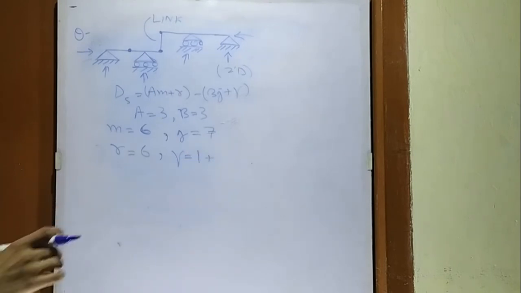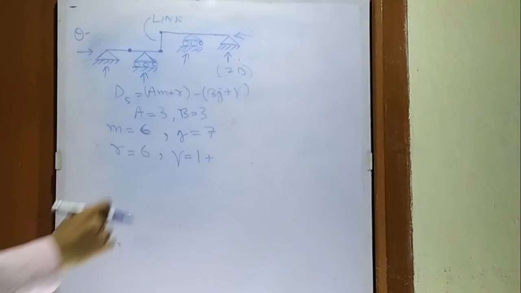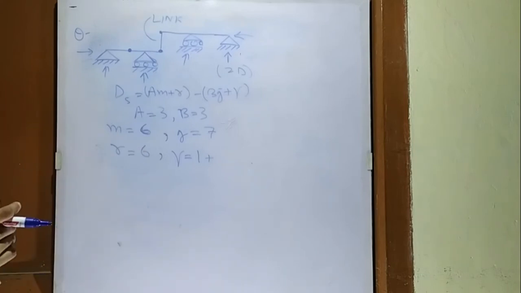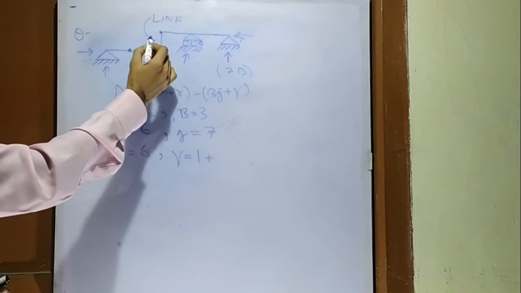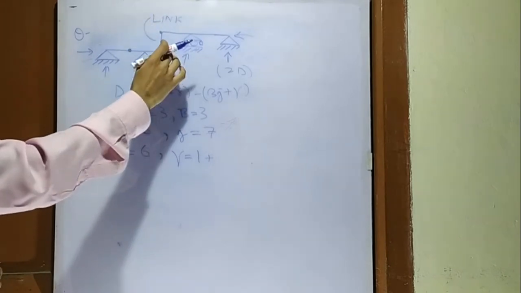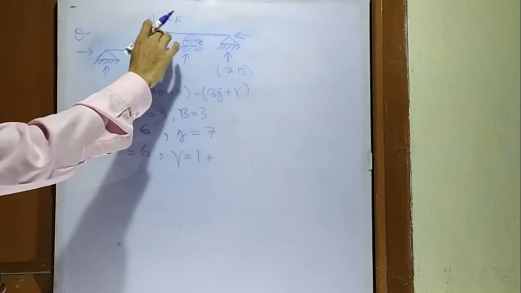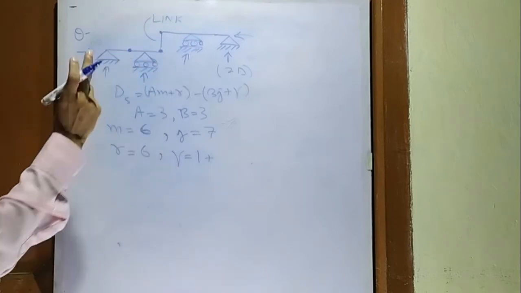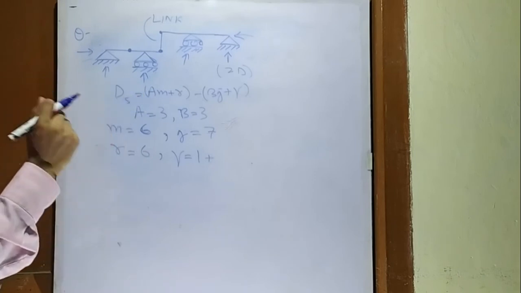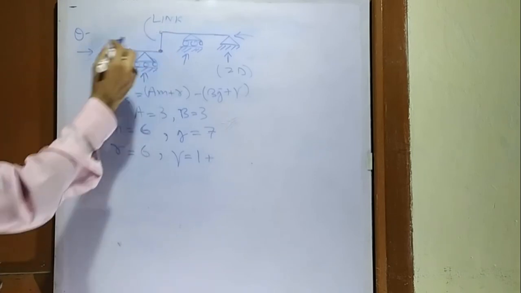Okay, now this is a link, so the link will also release some forces. It will release force in the axial direction, because it will not provide any resistance to horizontal force. So one, it will release axial force, and the other thing, it cannot transfer any moment.